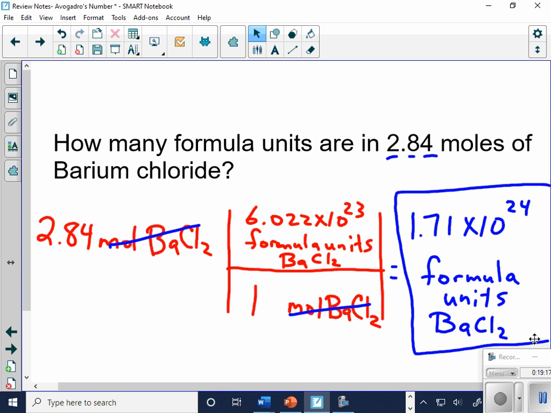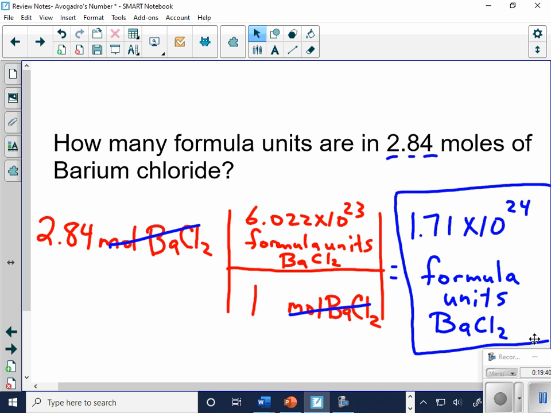Now, what I like to do, ladies and gentlemen, when I'm doing this is something that I call ballpark it. When I'm doing math in chemistry, I ballpark stuff. And what I mean by that is, if I have 2.84, that's pretty close to 3, isn't it?